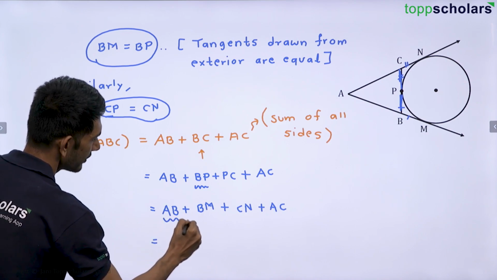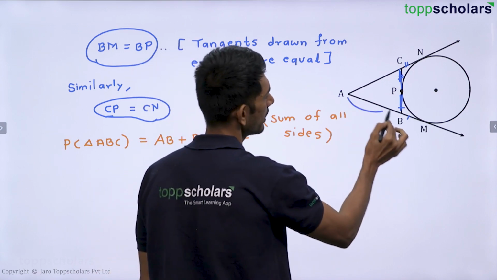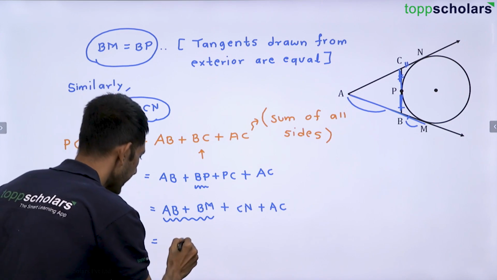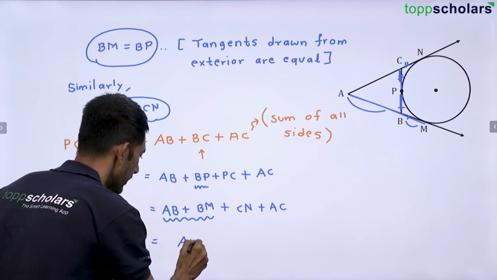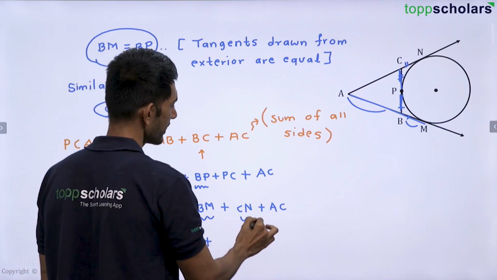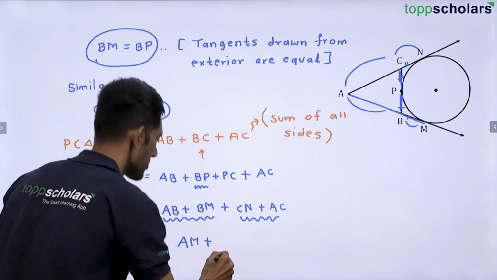Now understand this. This is AB plus BM. AB plus BM, that becomes AM. So here I can write down AM plus AC plus CN. AC plus CN, can I write down AN?